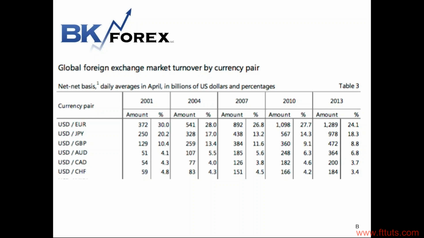But while that may be true, it is rivaled by the dollar yen, which doesn't have that much less in terms of trading volume. It's 18% versus 24%. The other currencies are, on the other hand, about half or a third that amount, where pound dollar is almost 9%, Aussie dollar 7%.